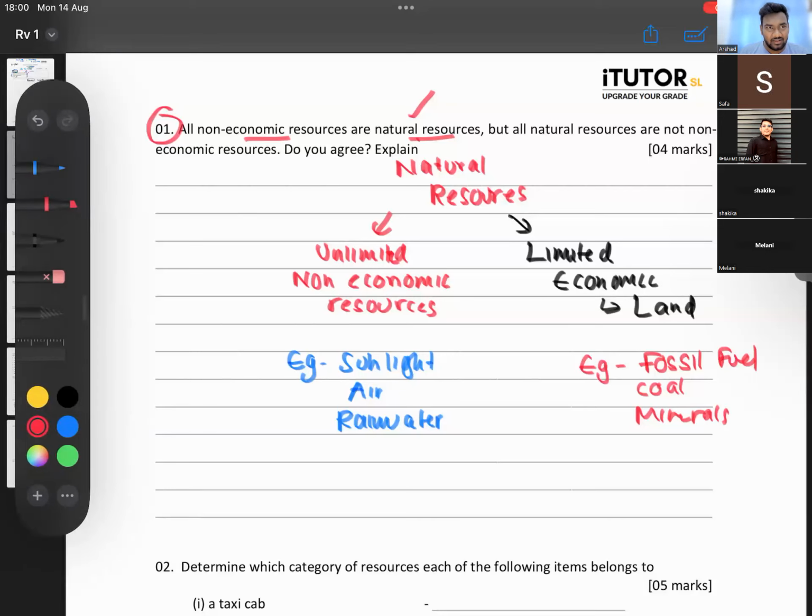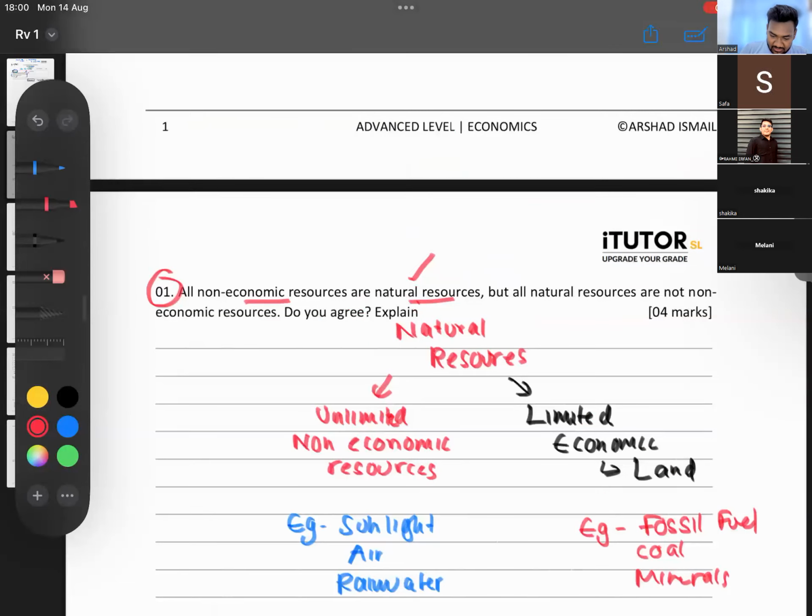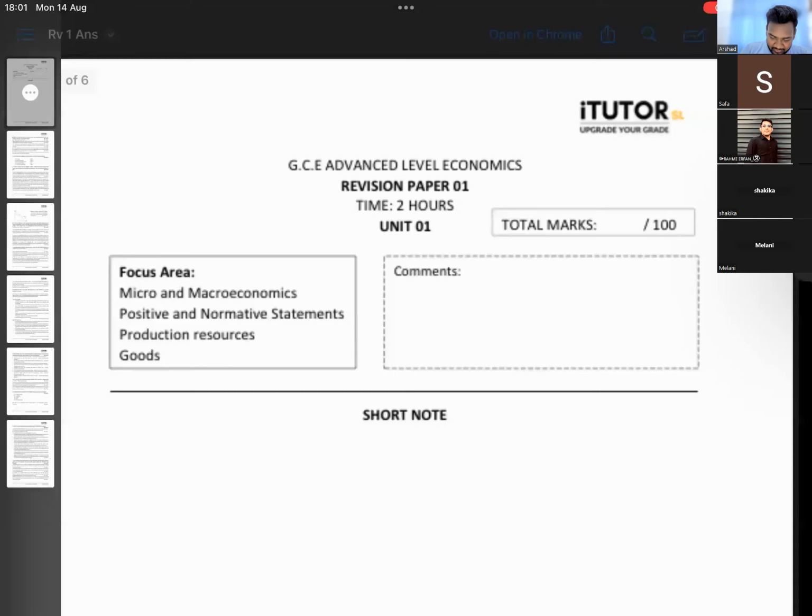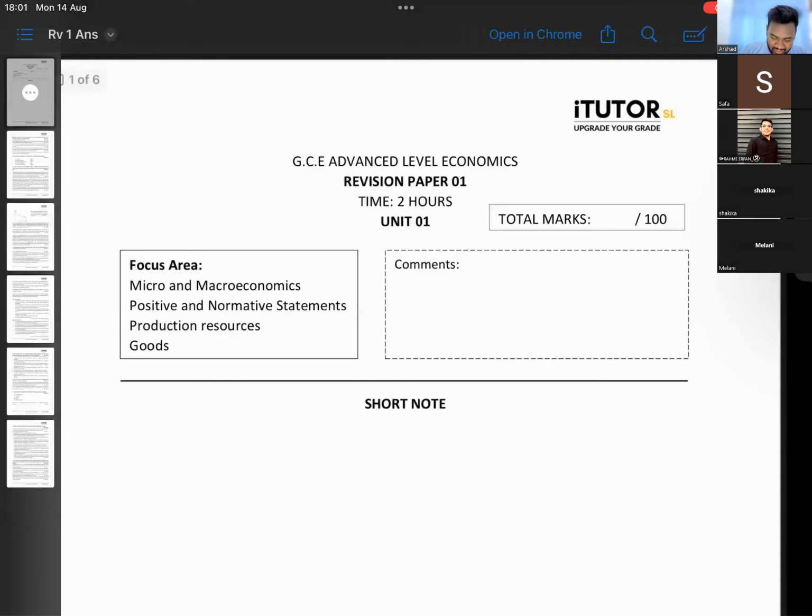Now, how do you write your answer? Look at my answer here. This is what you all need to practice doing, guys. Understanding the question is one thing, putting it into writing is another.